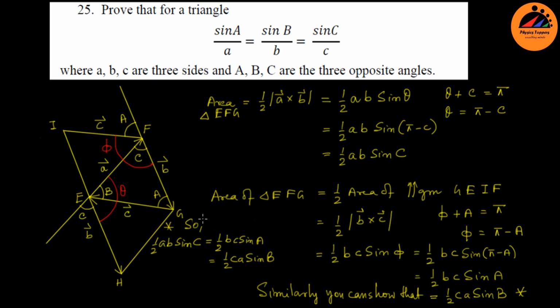Now if you divide this whole equation by half ABC, so half AB cancels here, so you get sine C by C is equal to sine A by small a equals sine B by small b.